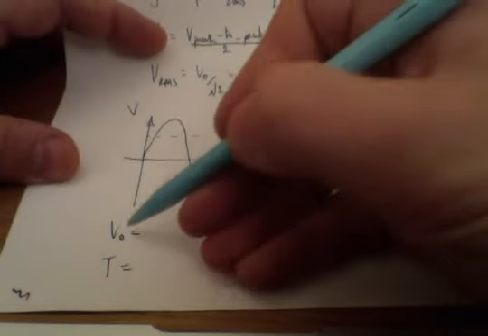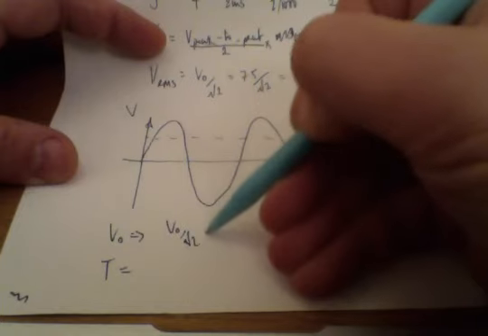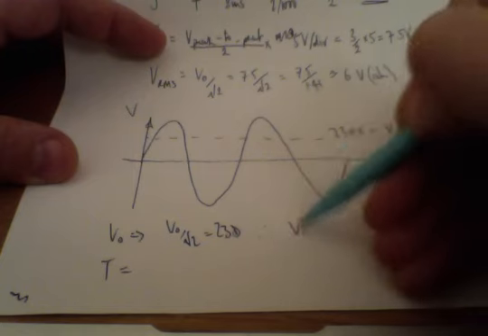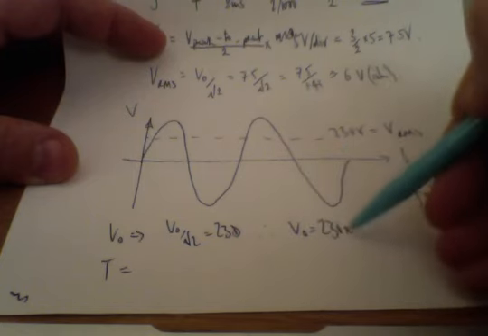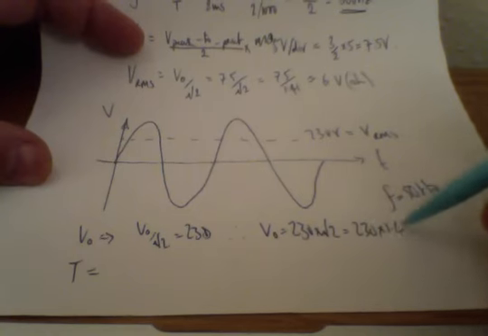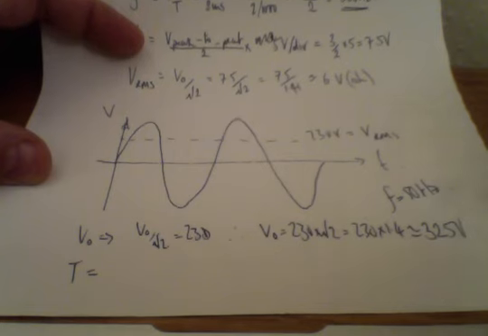Well, V0 divided by root 2 gives me 230. So therefore, V0 is going to be 230 times root 2, which, with no calculator, but 1.4, is going to be something like 325, let's say. It's a nice round number.